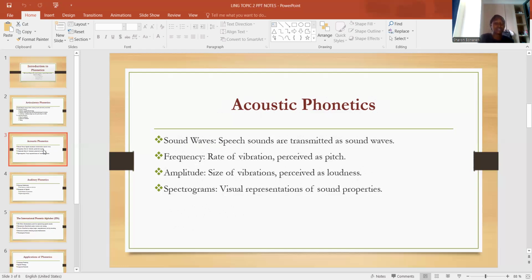Frequency is the rate of vibration perceived as speech. Amplitude is the size of vibration, and a spectrogram is a visual representation of sound properties.